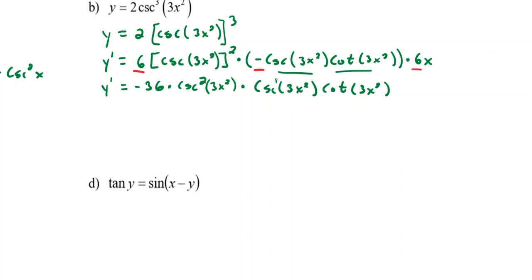This is like to the power of 1. So the last part would be negative 36. Oh, I forgot the x, didn't I? Negative 36x, and then combining these to be cosecant cubed of 3x squared, and then times cotan.